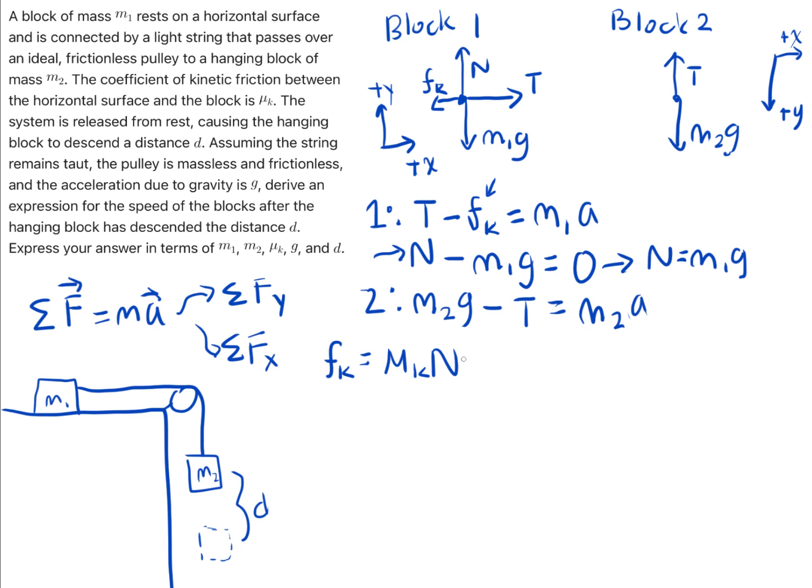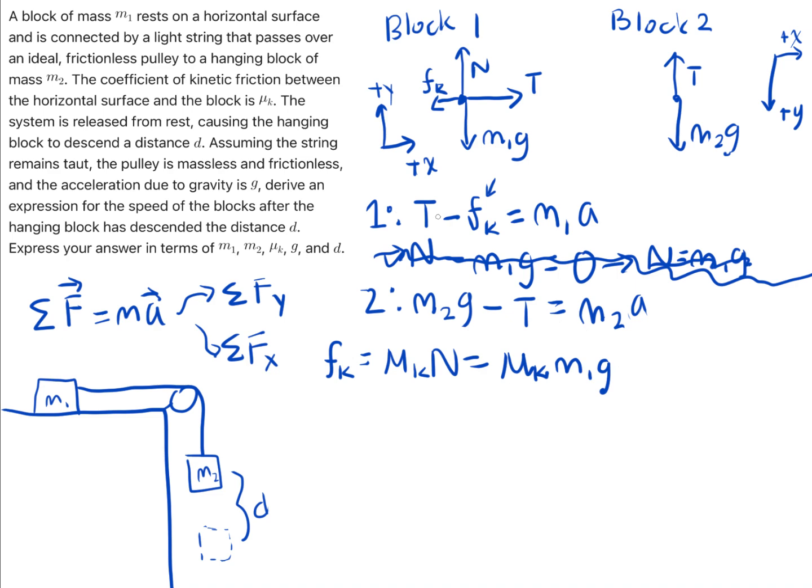So with that, we can write the force of kinetic friction as the coefficient of kinetic friction times m1 times g. And so now we have eliminated the force of kinetic friction and written it in terms of the known constants that we were told. So now we still need to figure out what the tension is.